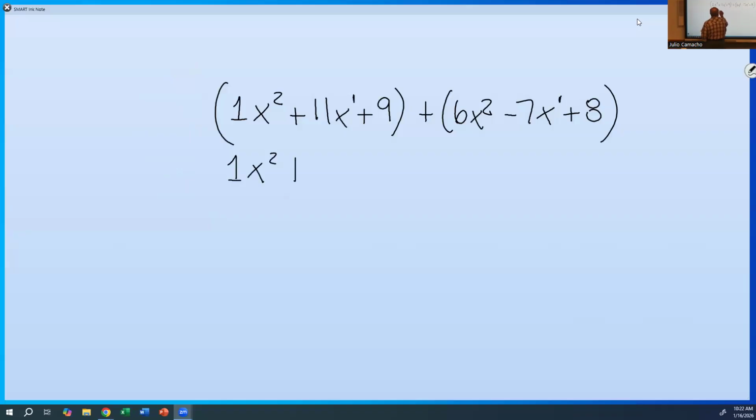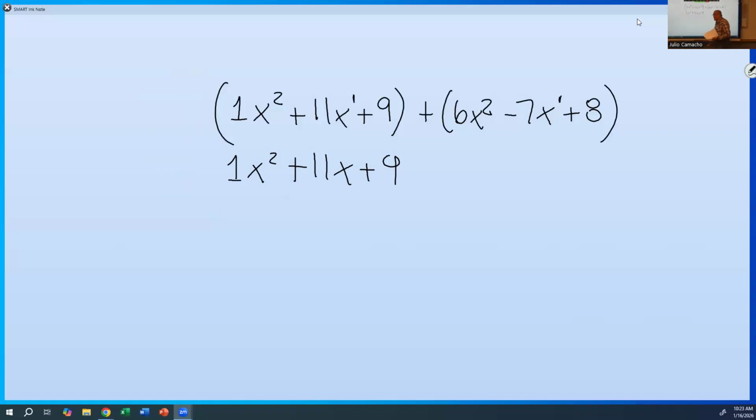1x squared plus 11x plus 9. And I stop there because you can see there is something in front of the other parentheses, a plus sign. But doesn't matter, it's a plus sign, it could be a negative sign, or it could be a number. So we begin to distribute. Now you have a positive times a positive 6x squared.